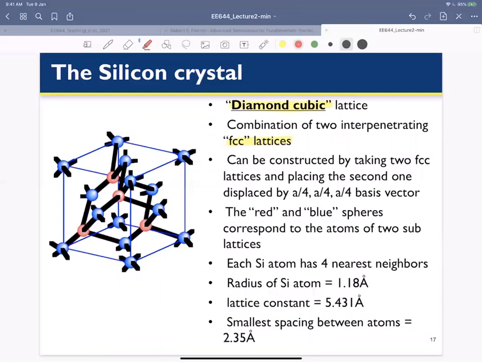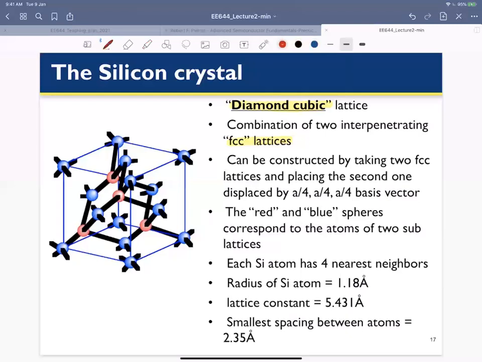This structure is very unique to diamond. Diamond is a crystal, and diamond is carbon, and silicon also has a similar structure. That's why it is called diamond cubic. So silicon is actually a diamond cubic crystal structure, right?